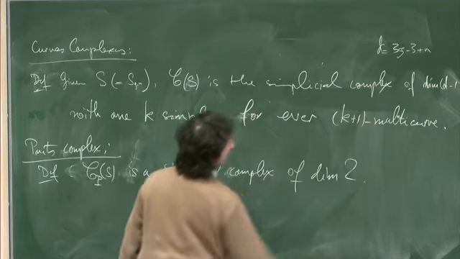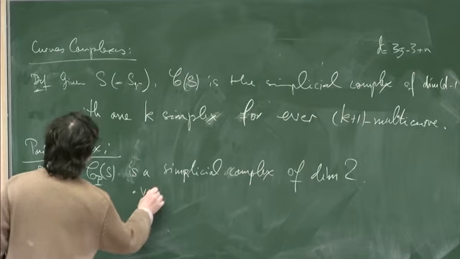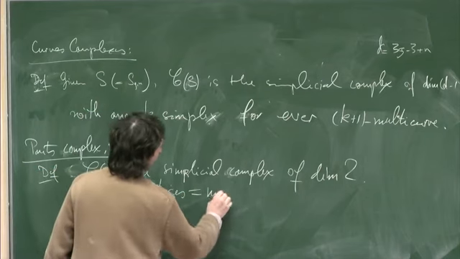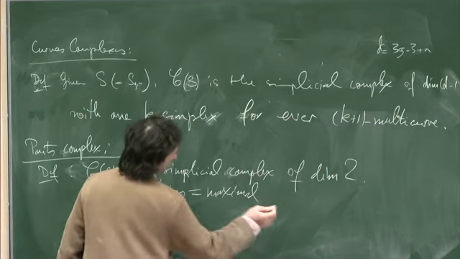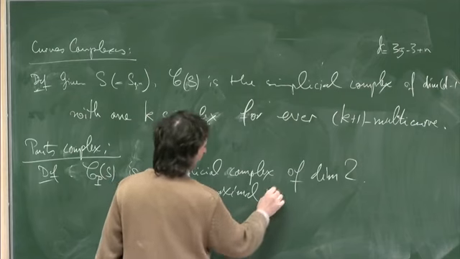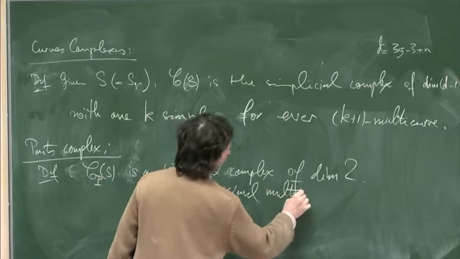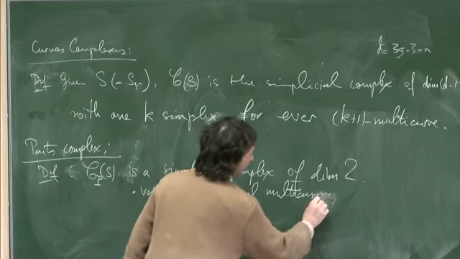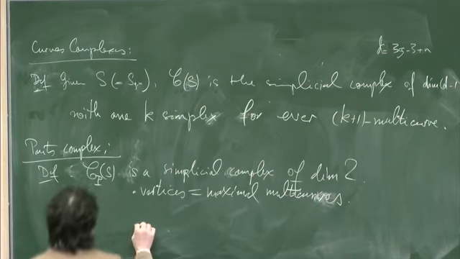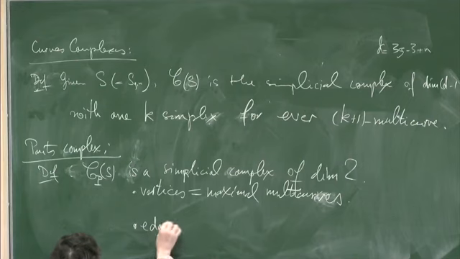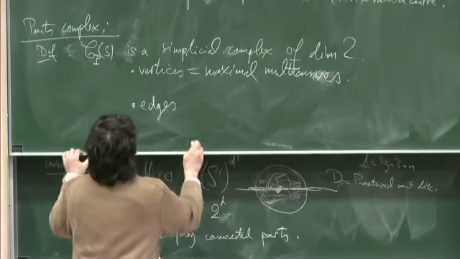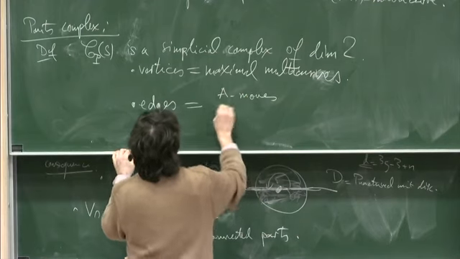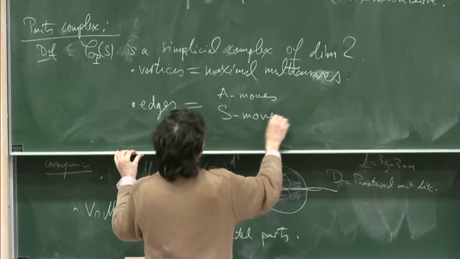Vertices are the maximal multicurves, the so-called pants decompositions. So we know them already. Edges are of two types: A moves and S moves. I'll show you what they are.